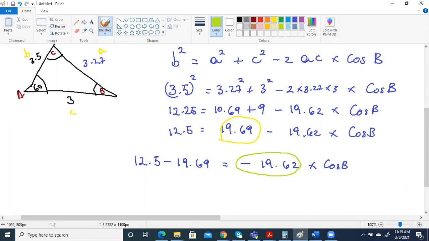Because it is being multiplied here, when I take it across, it's going to be divided. So I'm going to have 12.25 minus 19.69 divided by minus 19.62 equals cosine B.